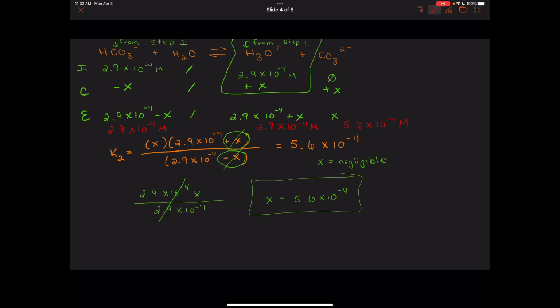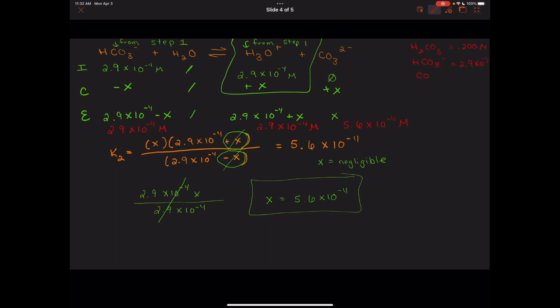When we have these polyprotic acids, we get a very complex solution. So we've got initial H2CO3, which we said was still going to be 0.2 molar. We have HCO3 minus, which is 2.9 times 10 to the negative fourth.